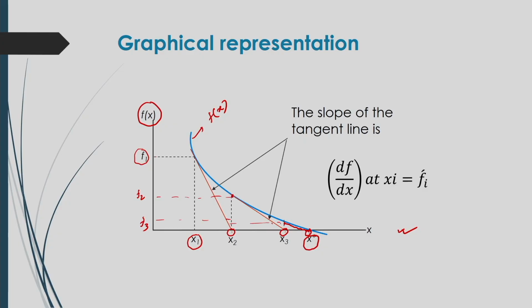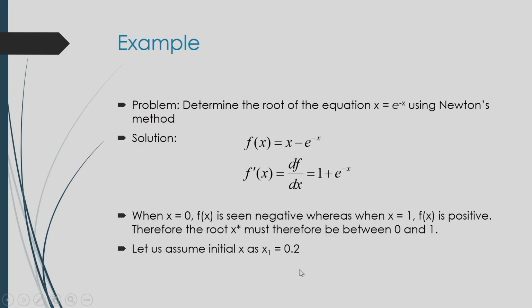So here we can write that df by dx, that means f dash at xi, will be equal to fi dash. When fi dash intersects the x axis, and at that particular point the function f of x comes to 0, then you will get the final root of that nonlinear equation. Let us do an example for this.